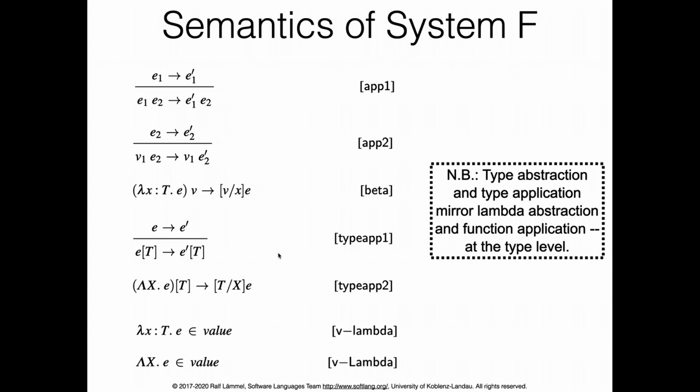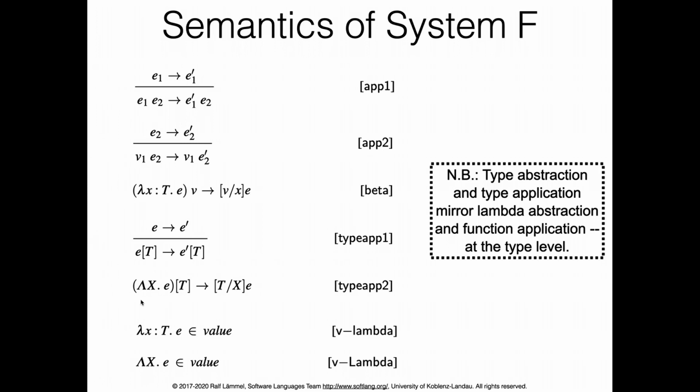And now down here, the remaining rules deal with the new expressiveness for type abstraction and type application. There are two rules for type application. One is about simplifying the expression to which we want to apply a type, pretty much in the same way as we also simplified here the operands of function application.